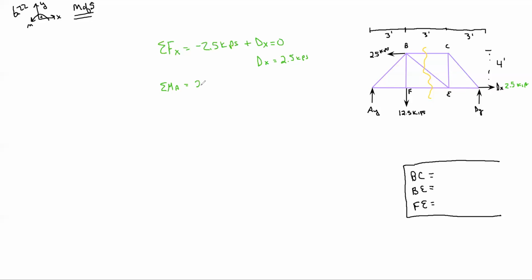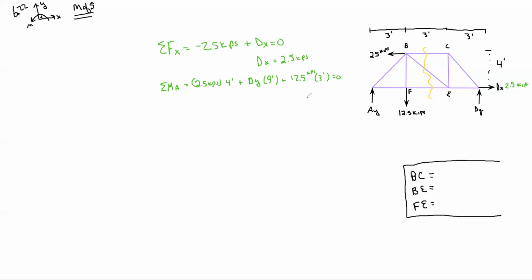We've got 2.5 kips with a perpendicular distance of 4 feet. We've got Dy, perpendicular distance of 9 feet. And we have 12.5 kips with a perpendicular distance of 3 feet, whose sum is equal to 0.